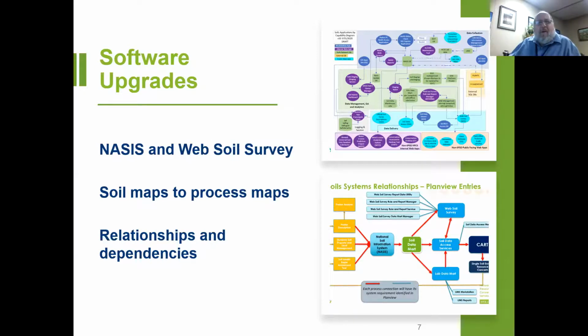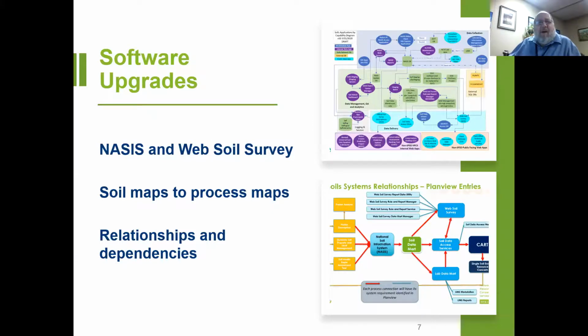One thing that we're doing, and you can see by these terribly complex process diagrams, is we're looking to see where all soils data is used in all of the over 200 different applications that this agency supports.